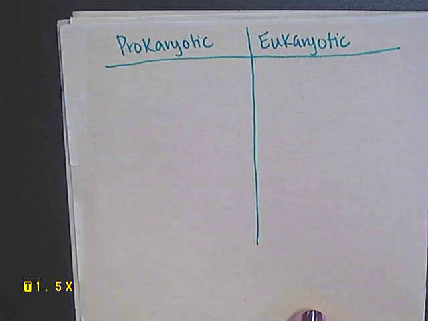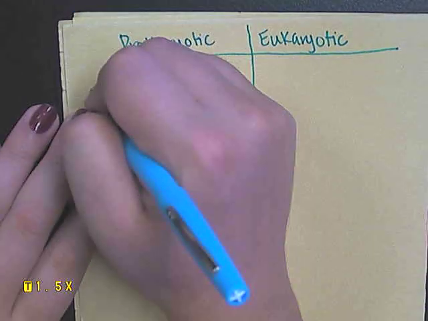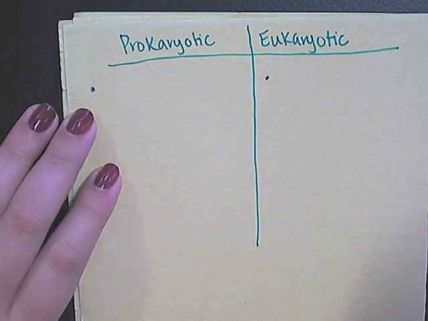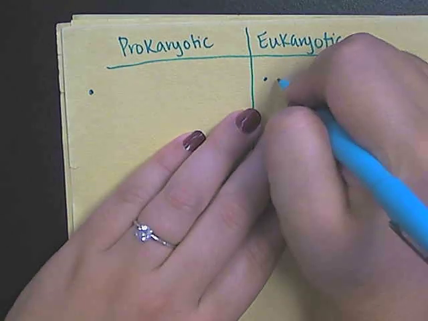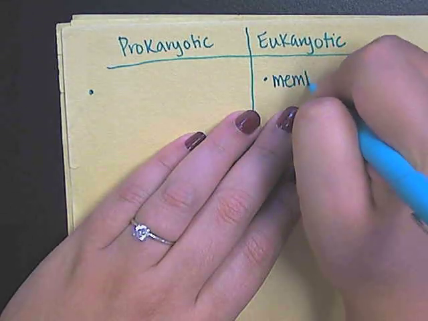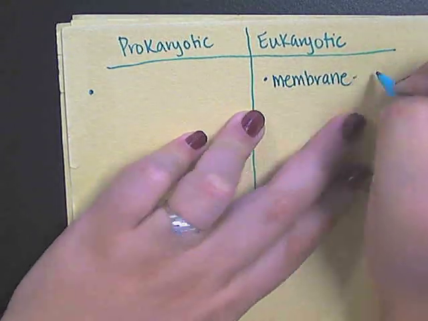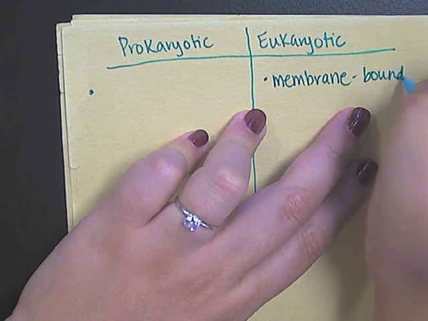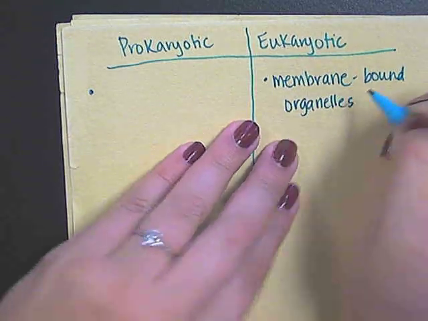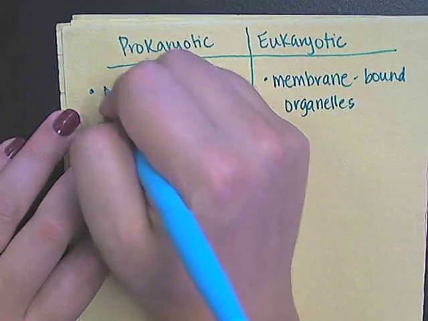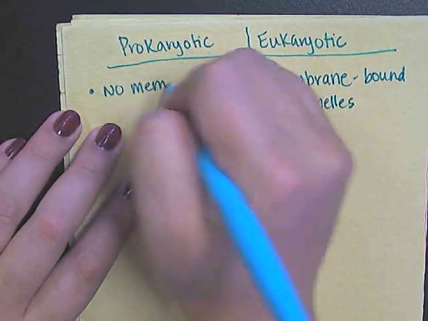It doesn't matter which square you put it in, but we are going to place it on one of these squares. The first thing that we talk about is the presence of those membrane-bound organelles. You do have to specify membrane-bound organelles. In eukaryotes, they're present. In prokaryotes, there are no membrane-bound organelles.